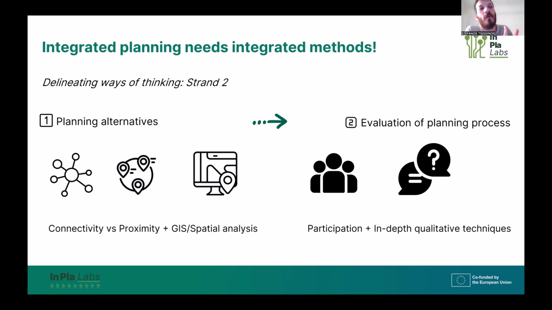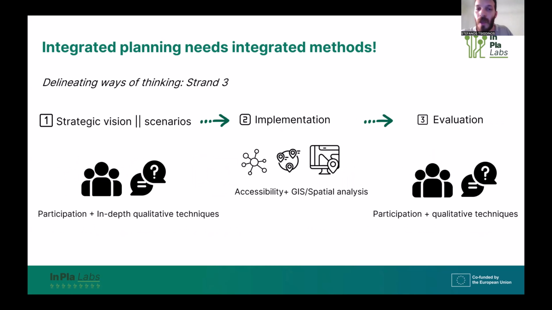So when we talk about community, the best thing to do is to really engage the community. So we can use firstly quantitative and then qualitative techniques to evaluate these alternatives. This is strand 2 of thinking. And strand 3 is the complete mixed methods, and we think that this is the proper way of integrated planning.